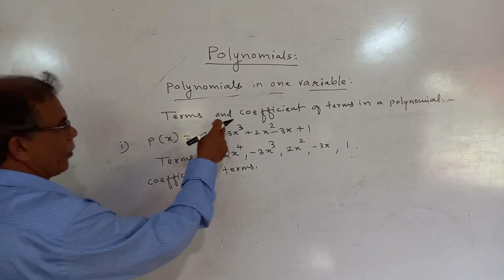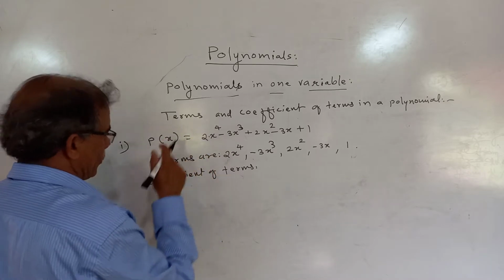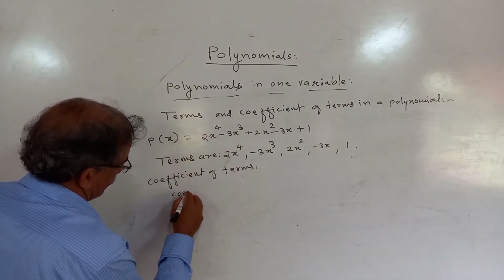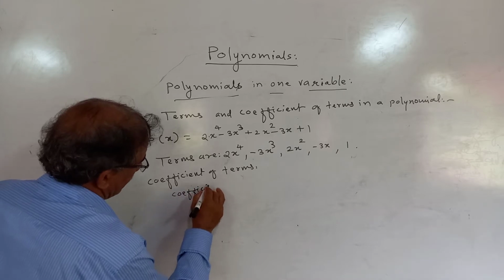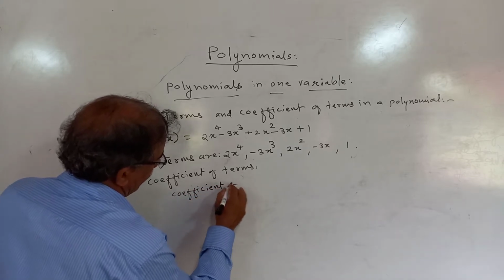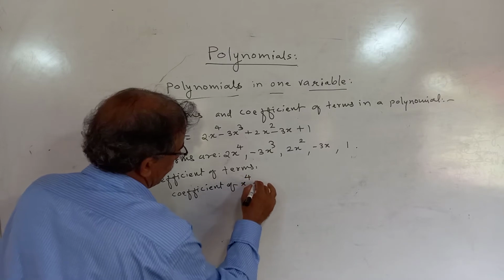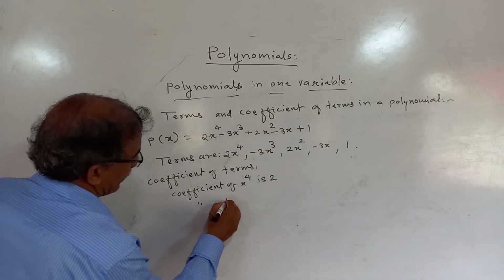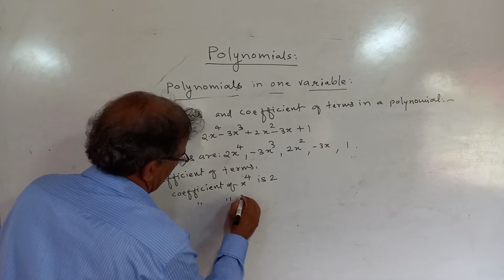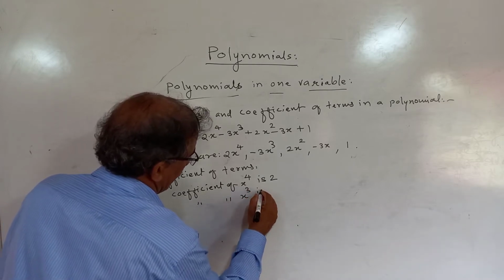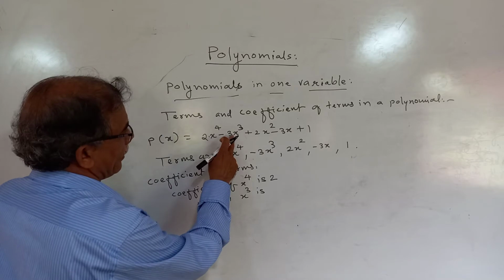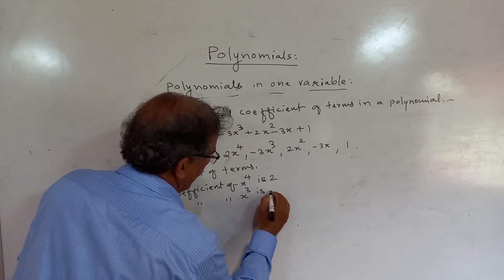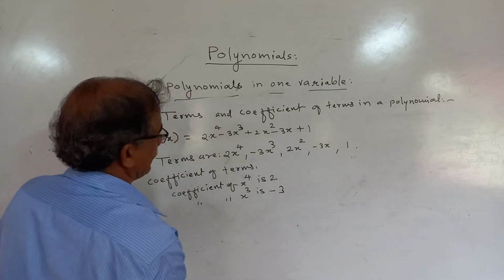So the coefficient of x raised to 4 is 2. Then the coefficient of x cube is how much? x cube is multiplied by minus 3. So the sign is important. Minus 3.